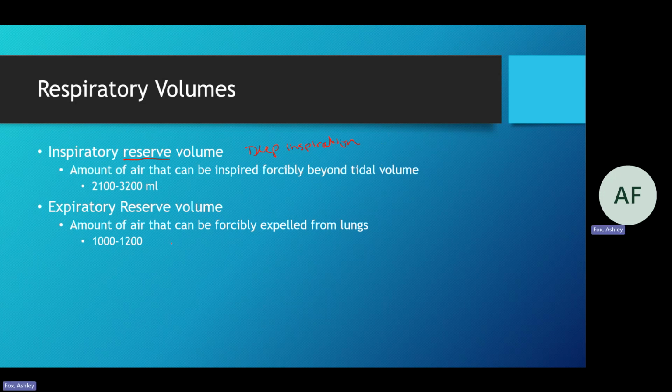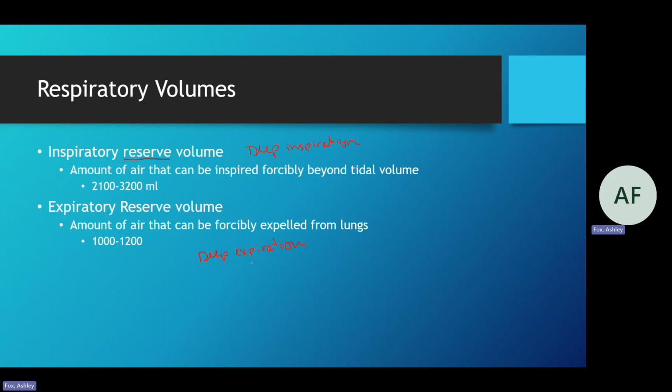So the expiratory reserve volume is the opposite. It's a deep expiration or exhalation. So inspiration or inhalation, expiration or exhalation. This is the amount of extra air that you can get rid of past tidal volume.